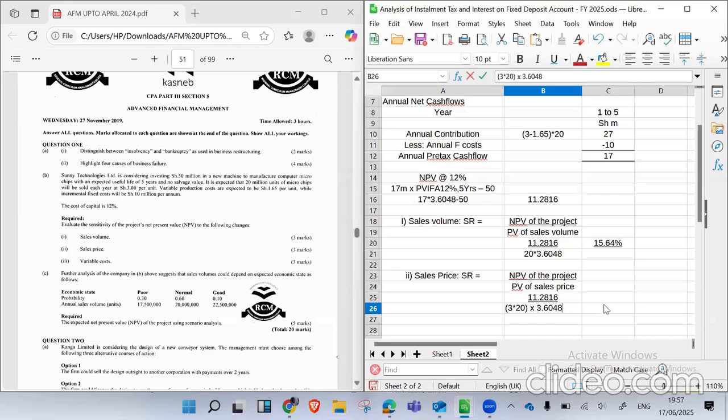So even the sales are coming in annually. We're going to have sales of 20 times 3, that is 60 million annually for 5 years. So it's an annuity.